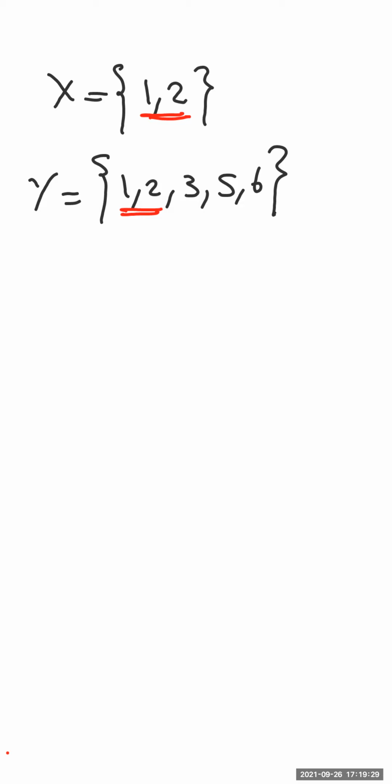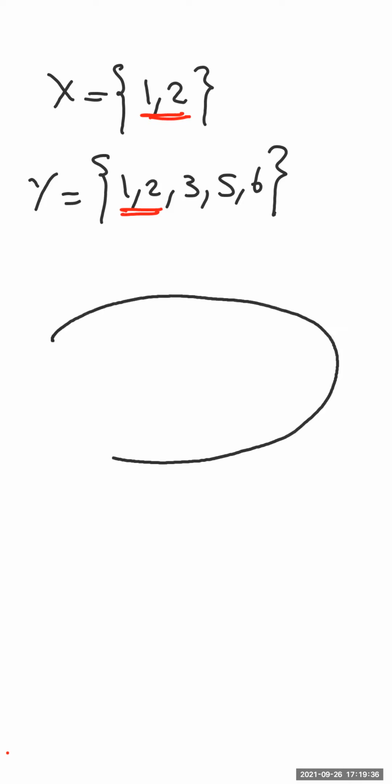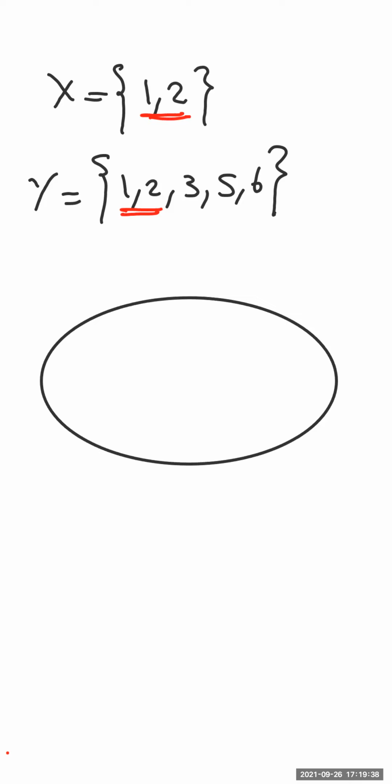So if I'm going to represent this by using Venn diagrams, this bigger one is y. Inside that one, it contains a small set which is named x, which consists of 1 and 2. So draw one Venn diagram inside that one like this, and this will be x.